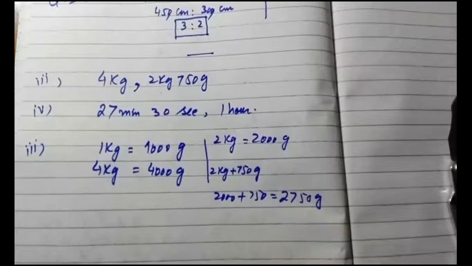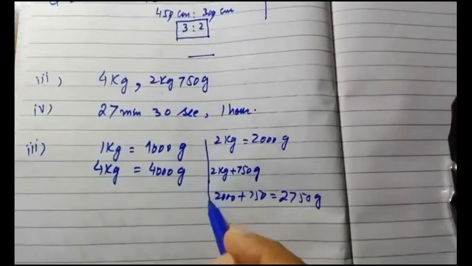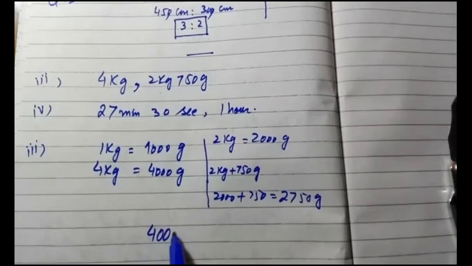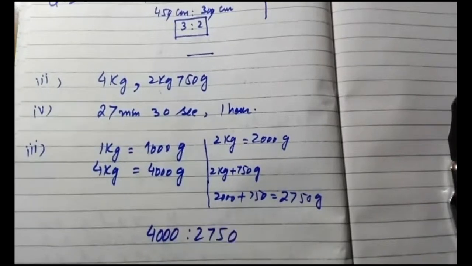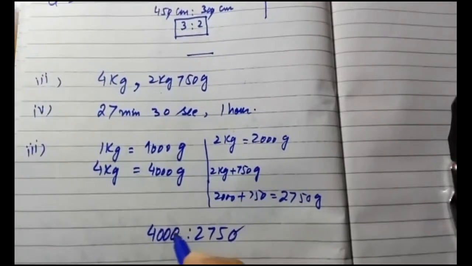So you are now in a position to compare 4 kgs and 2 kg 750 gram. First you should solve it separately and then you should go for the comparison. So you will write it as 4000 ratio 2750, like this one. Then you will go for the cancellation.